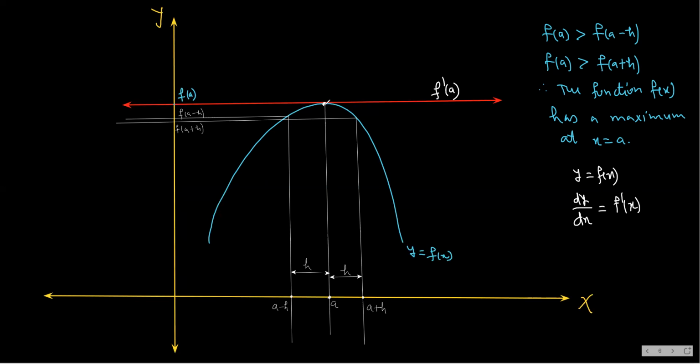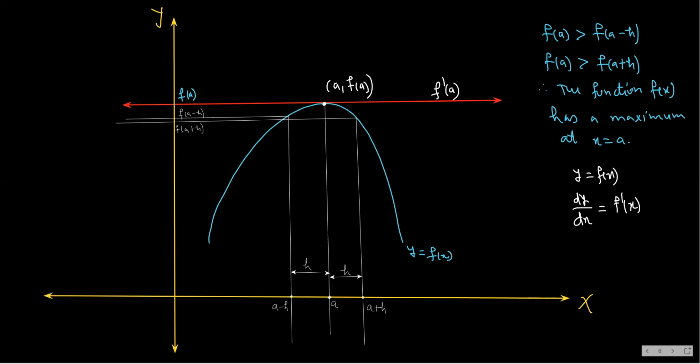What are the coordinates of this point where you draw the tangent to the curve? The coordinates are a comma f of a. In this, you will substitute the coordinates. Now there is no y, so no need to go for the y coordinate. There is only x, so x is a, and you get f dash a.